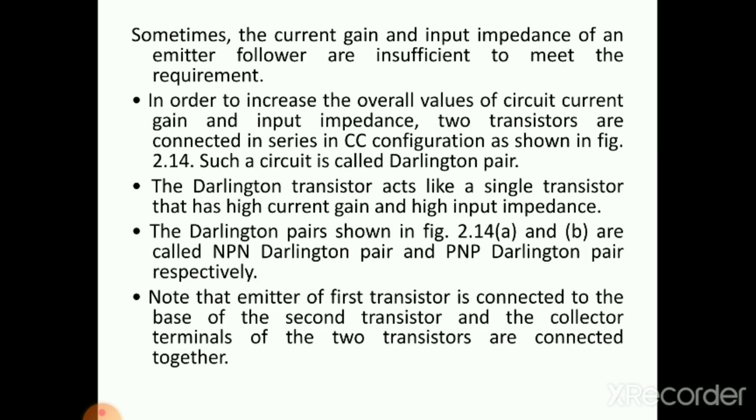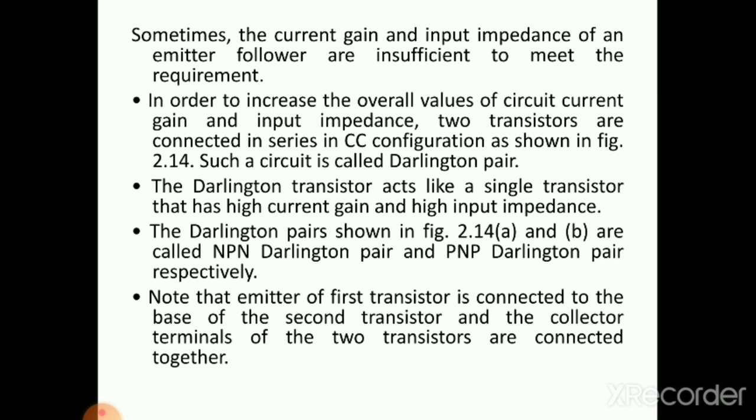So we call this a Darlington transistor itself, since there are 2 transistors connected in CC configuration, and it acts like a single transistor with high current gain and high input impedance.